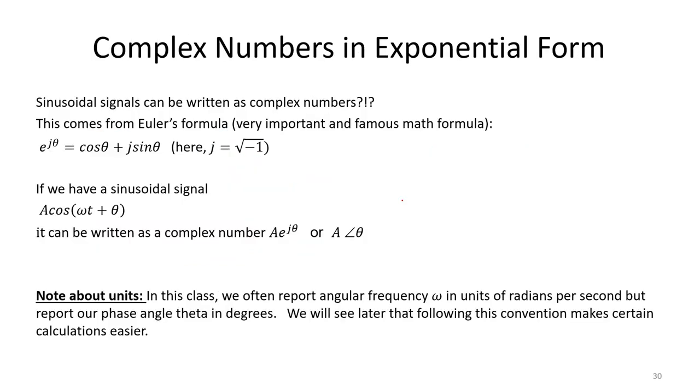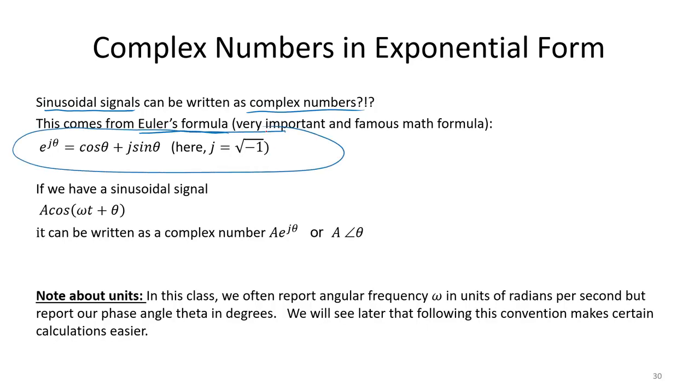So the first thing you might be wondering is, how can we write a sinusoidal signal as a complex number? That seems kind of strange. The reason we can do this is because of Euler's formula. You may have seen this formula before. It's a very important, very famous math formula.